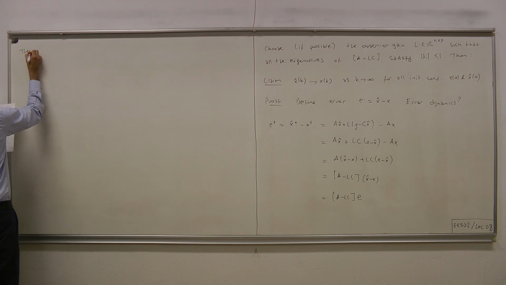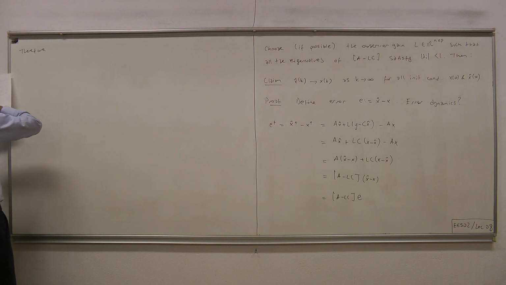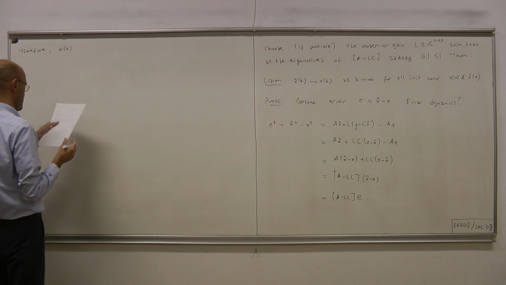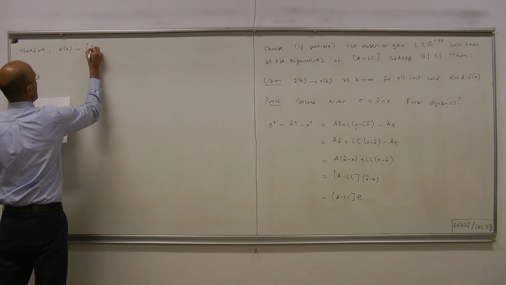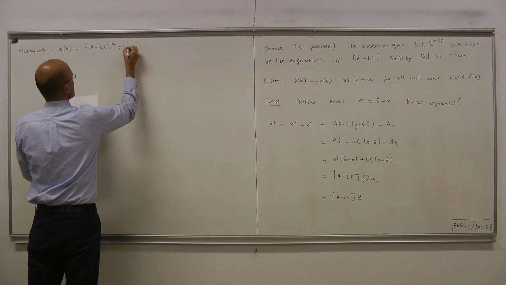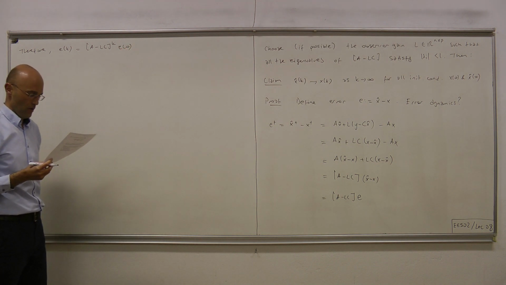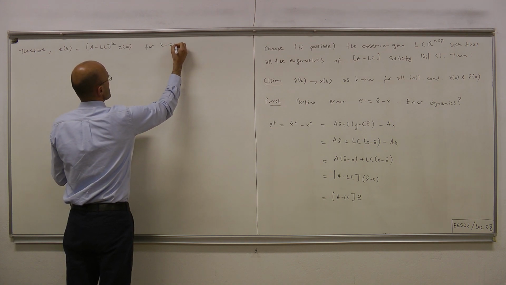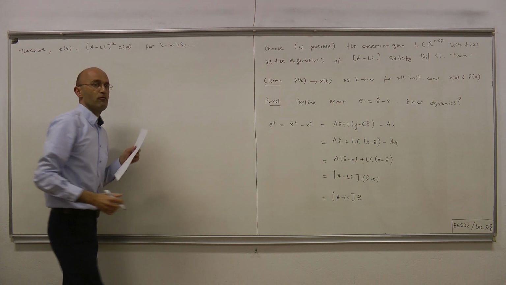Therefore, the solution for the error system is (A minus LC) raised to the power k times the initial error e0, for discrete time 0, 1, 2, 3, 4, and so on.